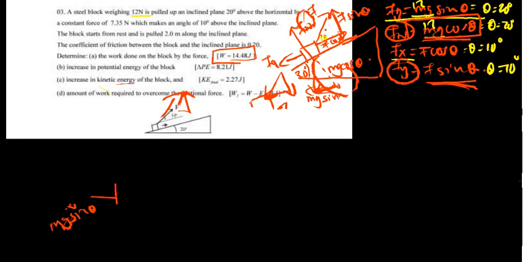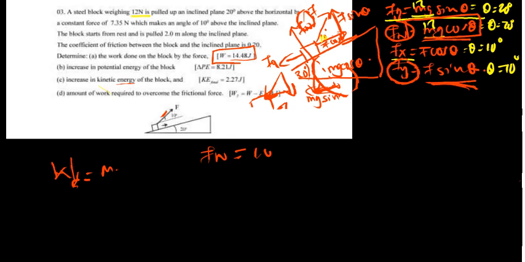So the last part I think you can solve it yourself. It is saying the amount of work required to overcome the friction. So it's just a matter of calculating the work done by the friction. We have found the normal force already. What is the normal force? We said it is 10. So the work done by the friction is going to be given by mu times the normal force times the displacement.